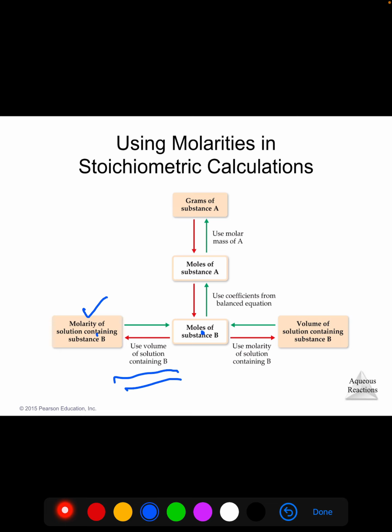I have just a couple of problems dealing with this, and we're going to convert from molarity to how many moles of substance there is, or we're going to go the other direction and say I have this many moles in this volume, and we're going to calculate molarity. If I know how many moles I have, I can calculate its mass as well using its formula weight.